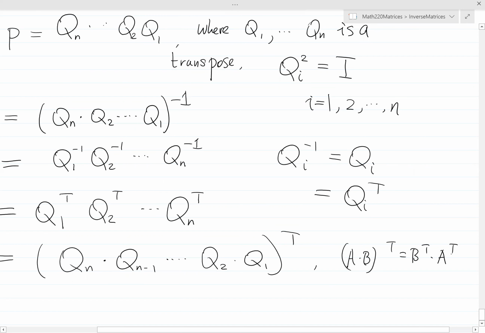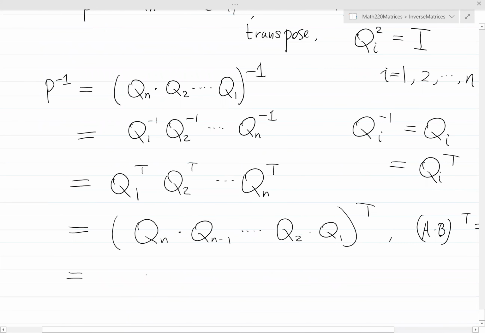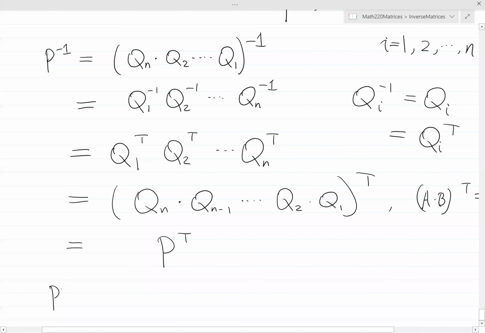Now, if you have this property for the product of 2, then you can apply this recursively to get this property for the product of n matrices. So this is exactly P transpose. Then we're done. So we get P inverse is exactly P transpose. So for a permutation matrix, its inverse agrees with the transpose.